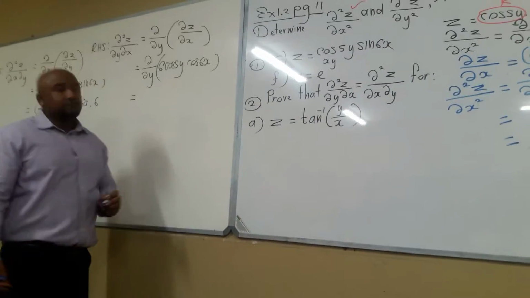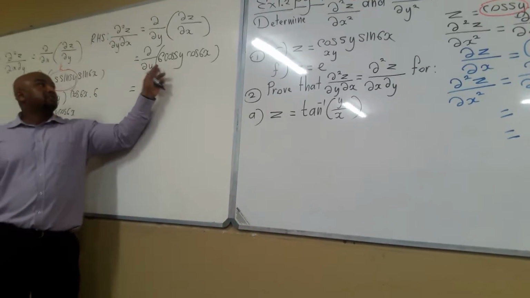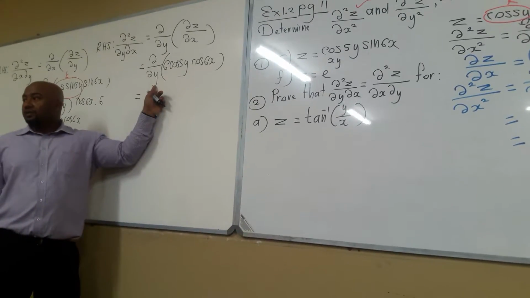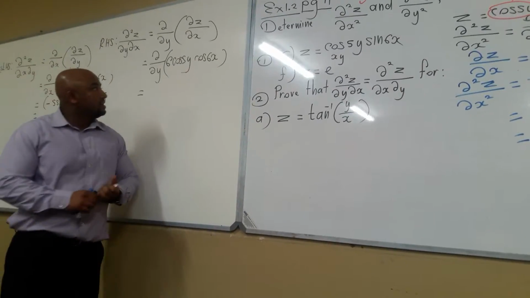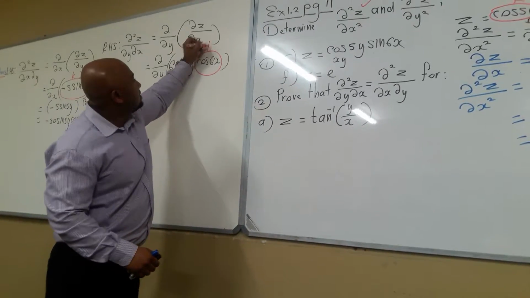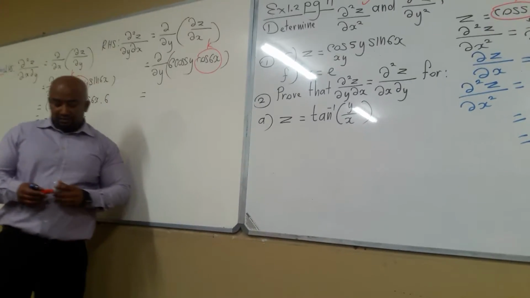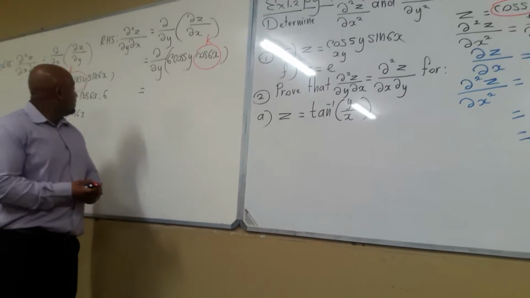Now, it's clear. What do we need to do here? We need to differentiate with respect to y. So you will treat x as a constant. That means you will treat cos of 6x as a constant. Because we are differentiating with respect to y.